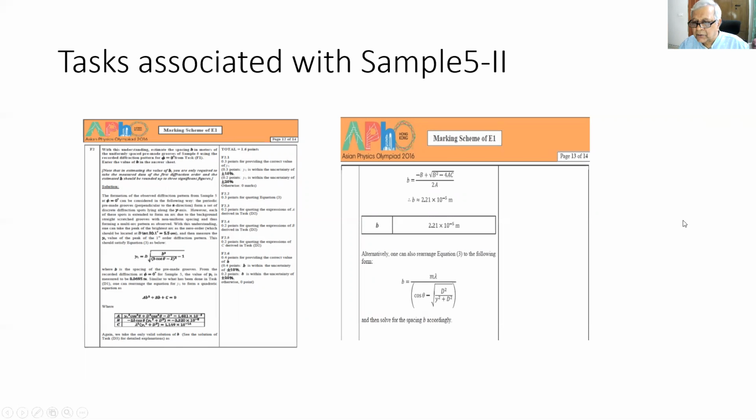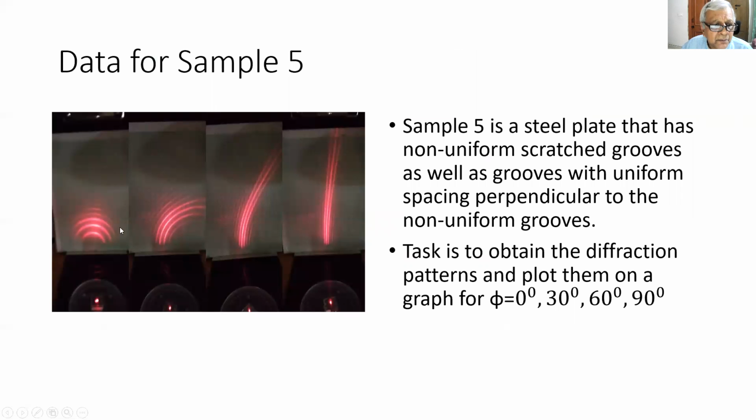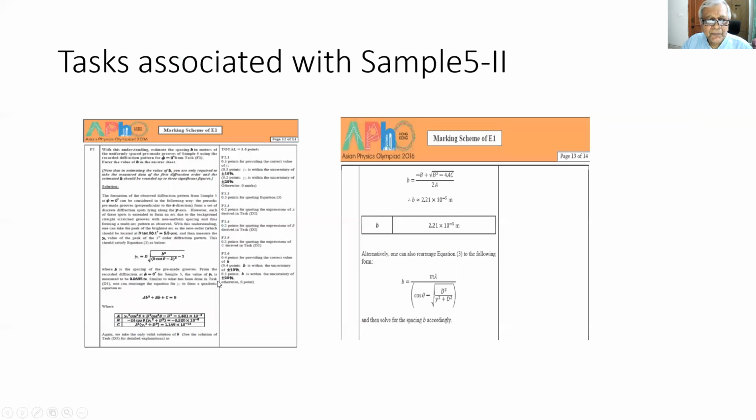I'll just go back 2 slides and show you that. This will be a measure of b, right? Okay. So from there, you sit down and you rearrange this equation like this at phi equal to 0 degrees, and from there you calculate b to be 2.21 times 10 to the power minus 5 meters.